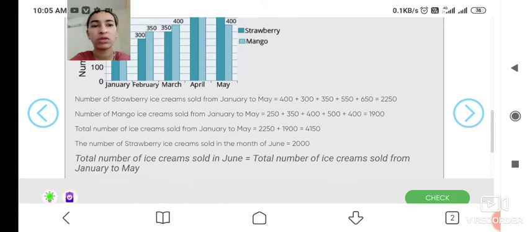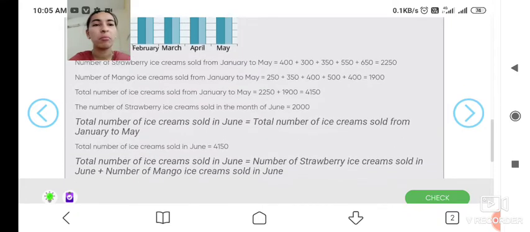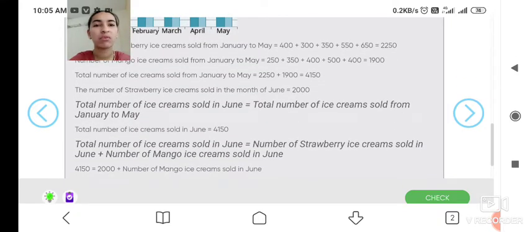The number of strawberry ice creams sold in the month of June is 2000. This is already given in the question. So the total number of ice creams sold in June is equal to the total number of ice creams sold from January to May. So the total number of ice creams sold in June is 4150, okay students. The total number of ice creams sold in June will be the number of strawberry ice creams plus the number of mango.